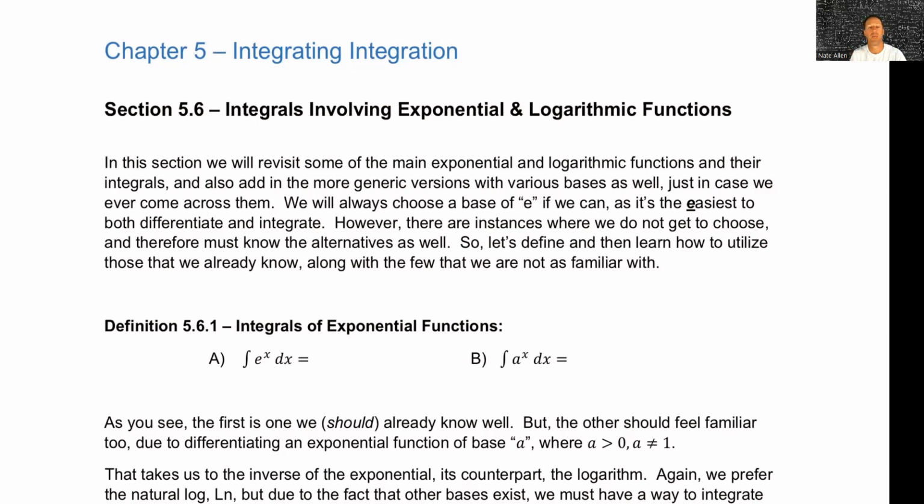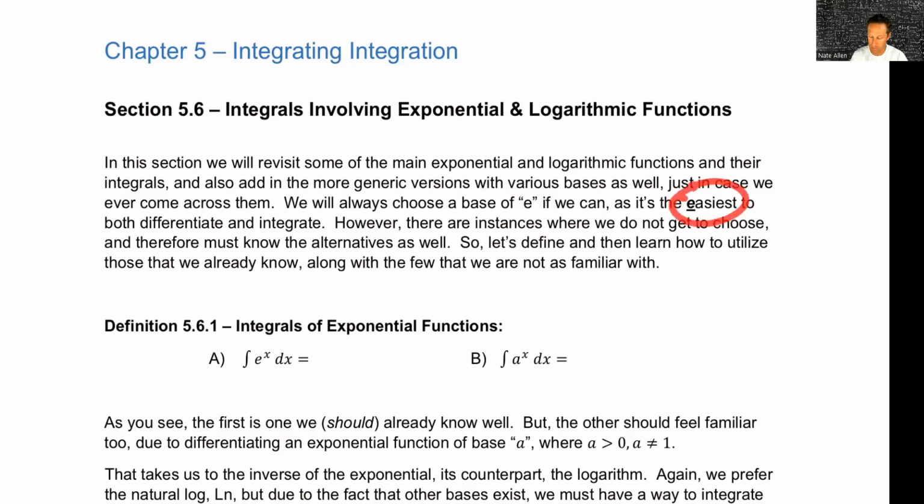We're just adding now more additional things like exponential, something to a power of x, and logarithmic, typically the natural log. So we'll get into these, and remember, we do prefer the natural log. Its derivative was the easiest. Same thing with e to the power for exponentials.